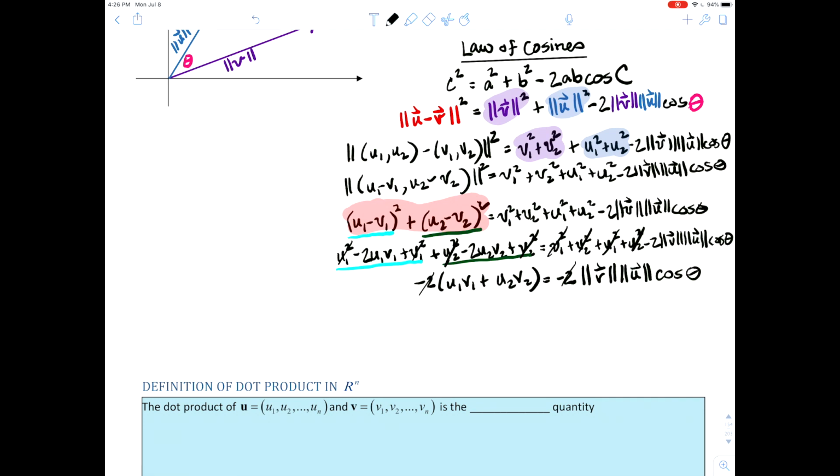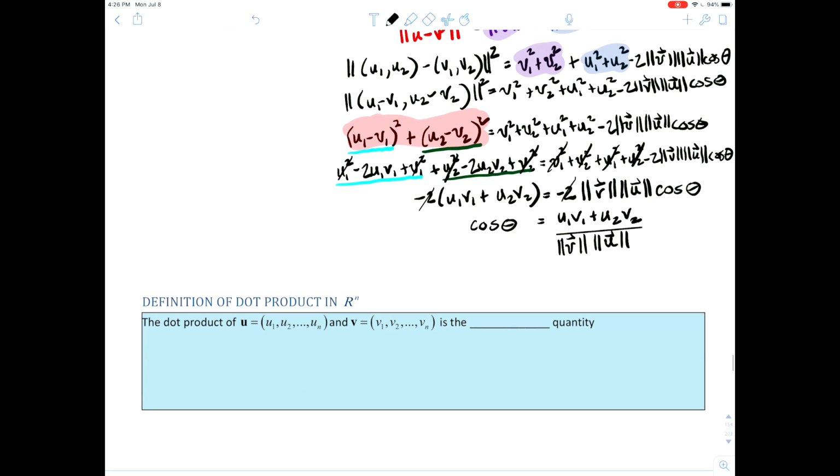So here we go. I'm going to go ahead and isolate cosine theta. All right? So we'll end up with cosine theta equals u1 v1 plus u2 v2 divided by the magnitude of v times the magnitude of u. Cool, cool?